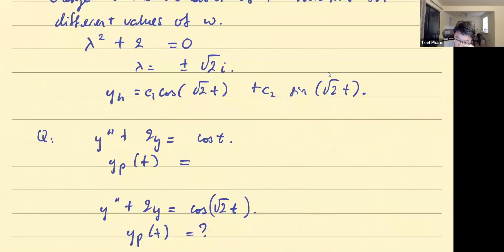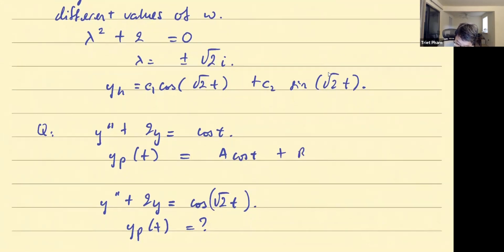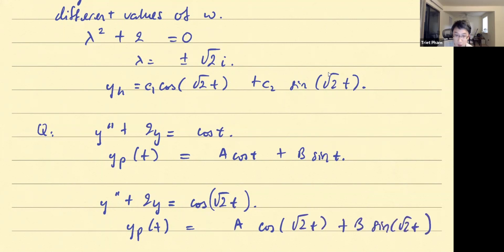So the form of the solution in the top one would be a cosine of t plus b sine of t. The form of the solution on the second one would be a cosine of square root of 2t plus b sine of square root of 2t.